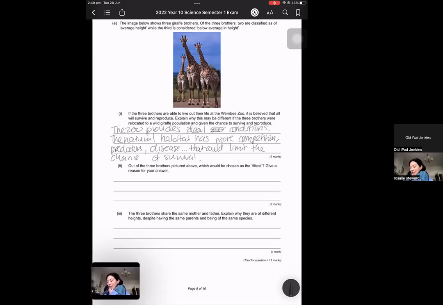Why do giraffes have long necks? Long necks are suited to reaching tall trees. The middle giraffe is most suited to do this.